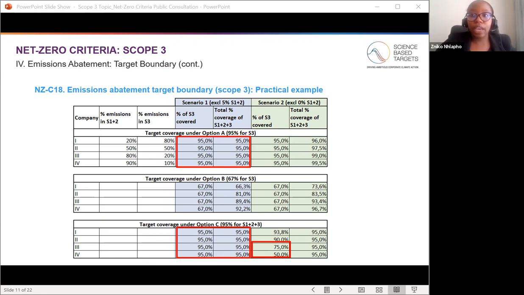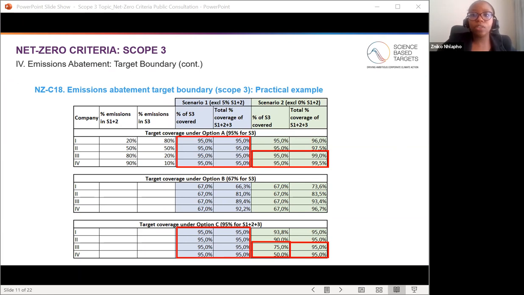In terms of the total coverage of scope 1, 2, and 3 for this example, emissions coverage is highest under version A, which you'll see now in the red highlighted block, followed closely by version C, as you'll see again in the red highlighted block there.